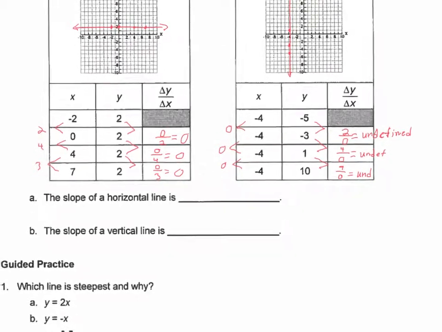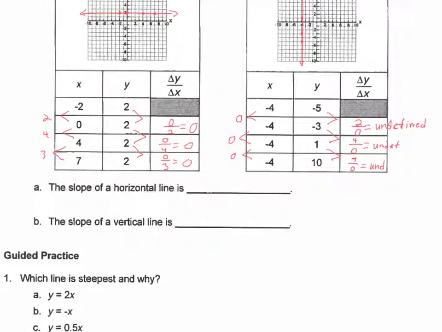So let's summarize that right here in A and B. A and B say the slope of a horizontal line is 0. The slope of a vertical line is undefined.